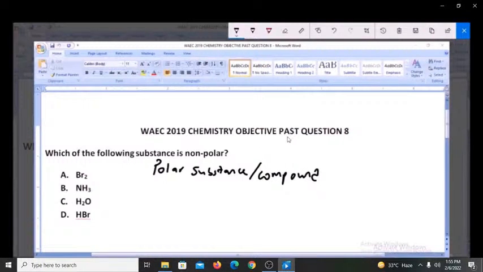Examples of polar substances or polar compounds are water, hydrochloric acid, and ammonia.